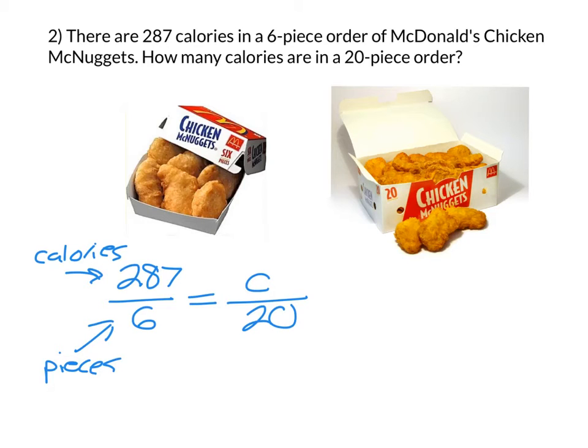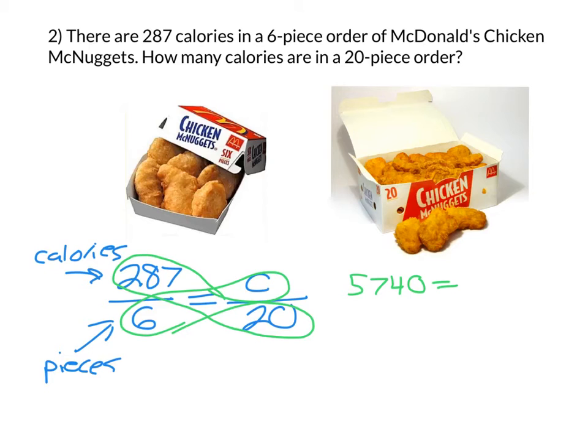Now we're going to do the exact same thing we did in the last problem. We're going to find the cross product. 287 times 20 gives us 5,740, and that's going to be equal to 6 times C. 6C. Now, this is just a simple one-step equation.